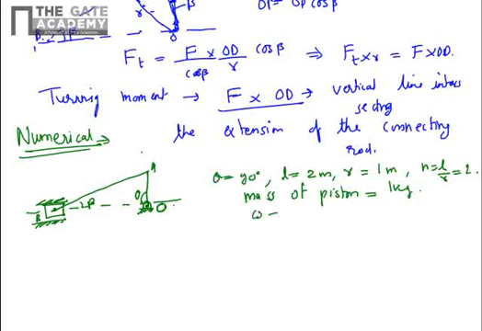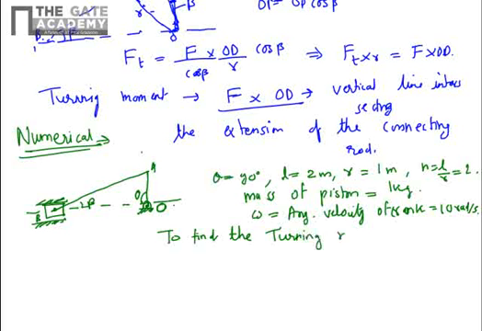The angular velocity omega of the crank is given as 10 radian per second, and the question is to find the turning moment for this position. That means theta is equal to 90 degrees. So we will go on solving this problem.